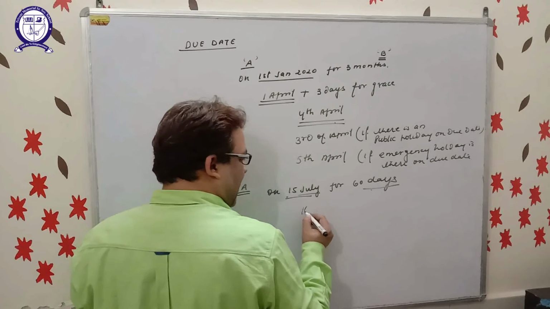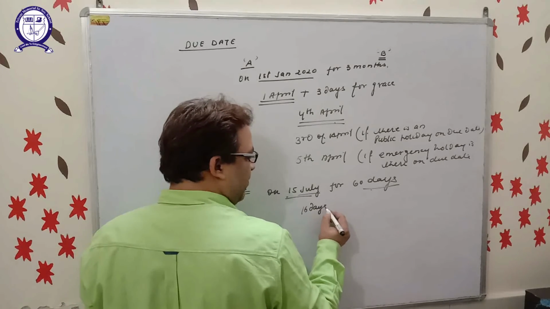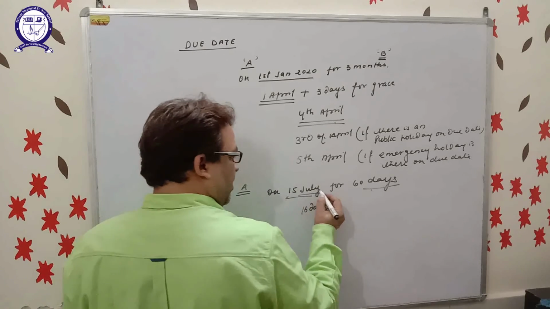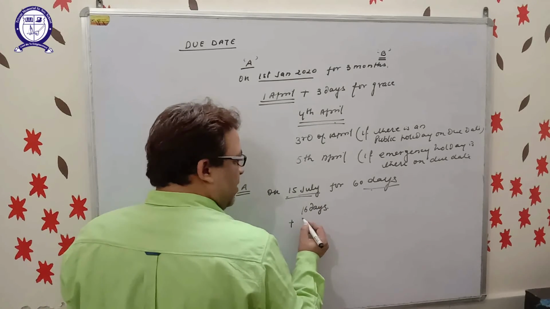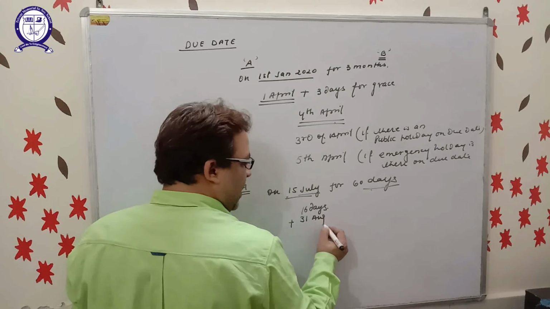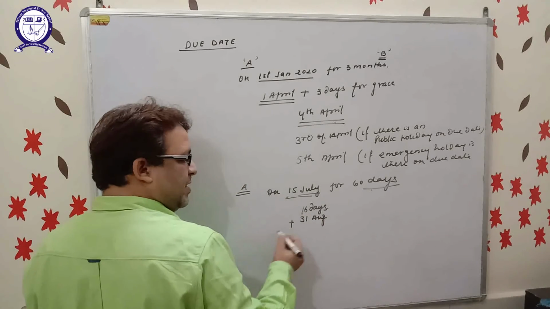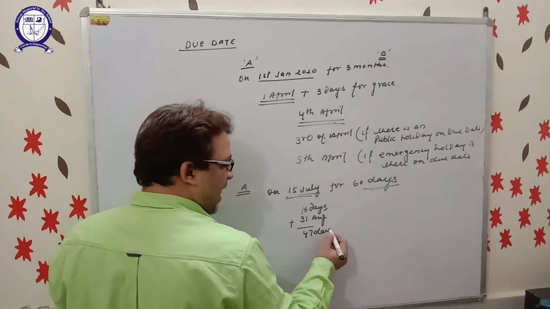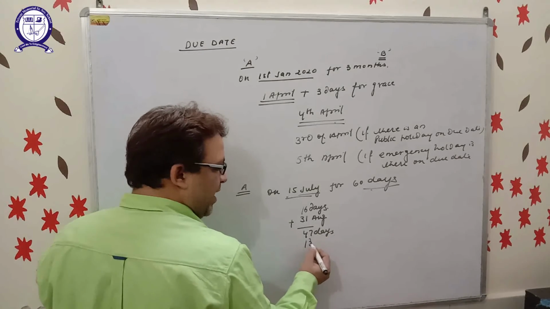So 16 days in July, because there are 31 days in July. After July, the month of August is there, and there are 31 days, total 47 days, and we require 13 more days.